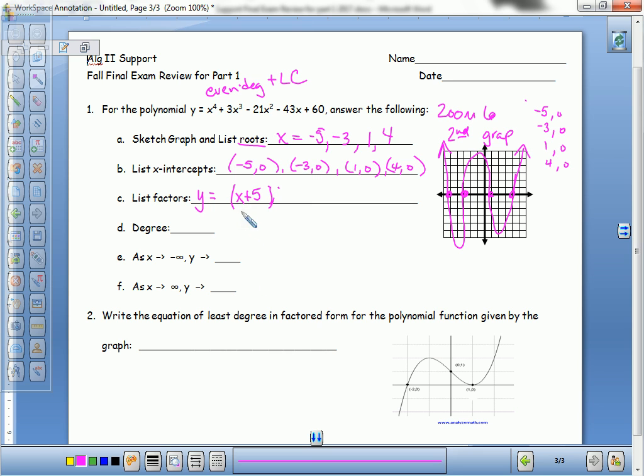That it's the opposite. If the intercept is a -3, the factor is x + 3. If the intercept is a +1, the factor is x - 1. If the intercept is a +4, the factor is x - 4.